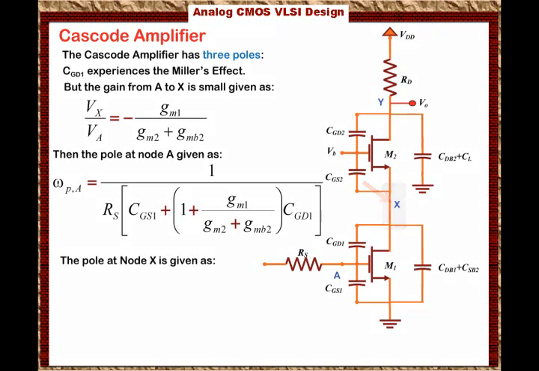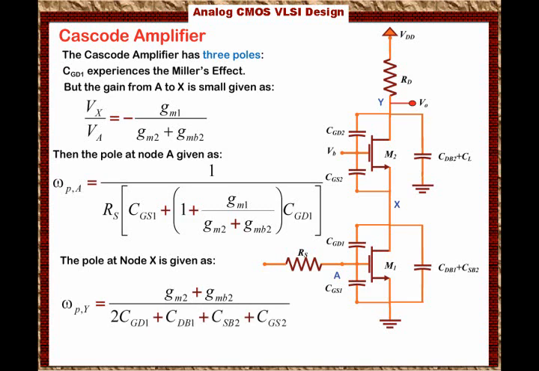You know, it's a DC value, it's grounded. Then now the pole at node X will equal Gm2 plus Gmb2, that is basically 1 over the resistance, over 2 times CGD1 plus CDB1 plus CDB2 plus CSB2 plus CGS2.